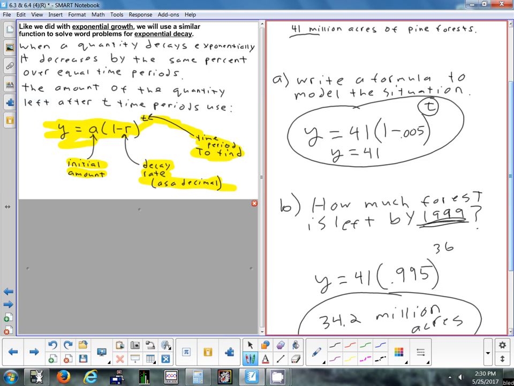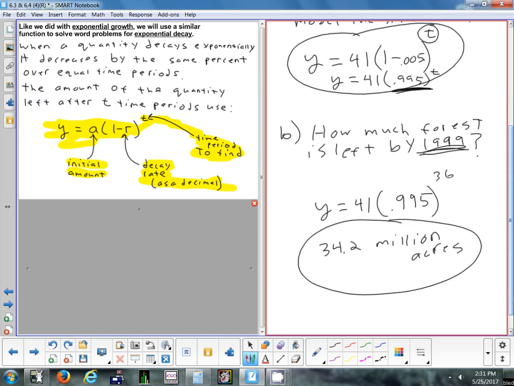So I didn't do that here, but I did it down below. What was 1 minus 0.005? 0.995. If you don't do this on the test, I'm going to take probably 1 point off. So just make sure you do the subtraction. Okay, questions on that one?